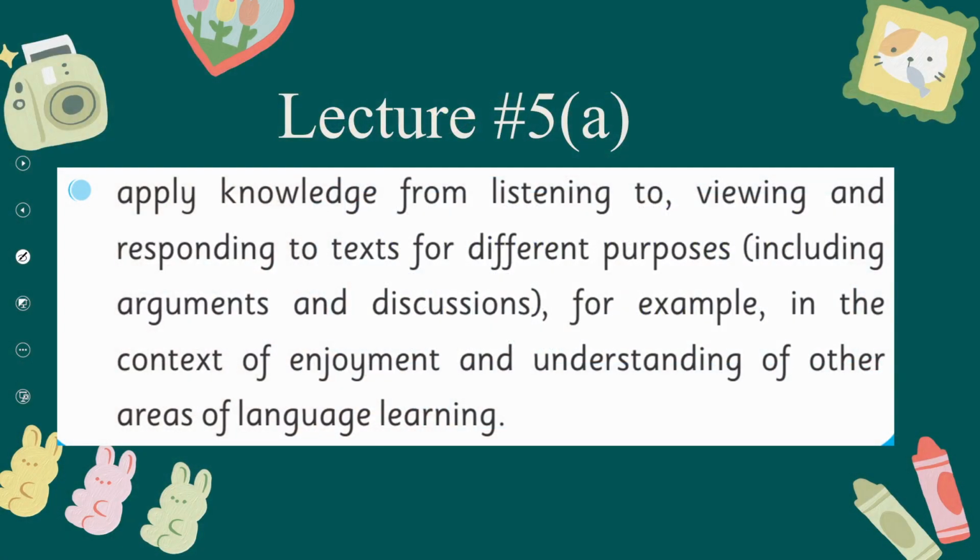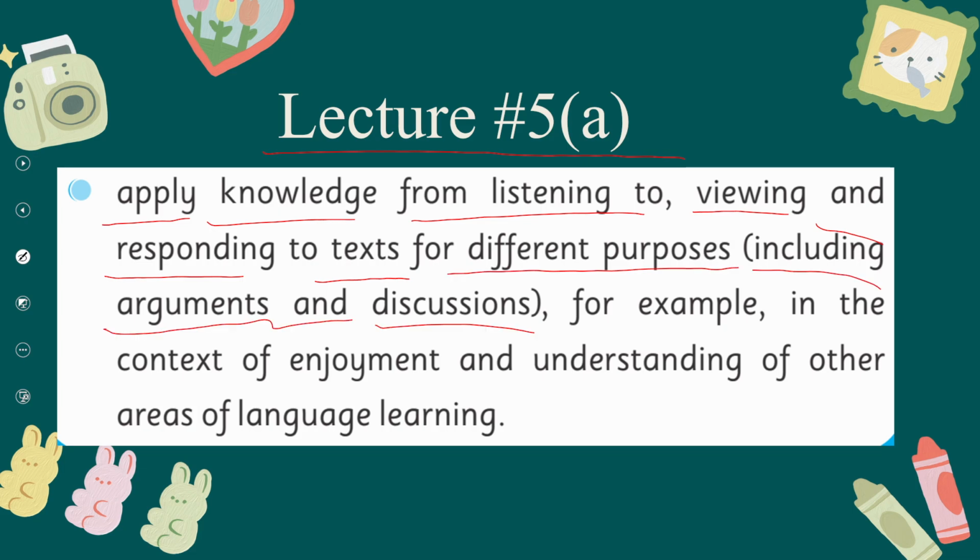So this lecture will be about this one, and then we have lecture number 5, divided in different parts. This is lecture 5A. In this one, we will be covering the SLO, apply knowledge from listening to viewing and responding to text for different purposes, including arguments and discussions, for example, in the context of enjoyment and understanding of other areas of language learning.